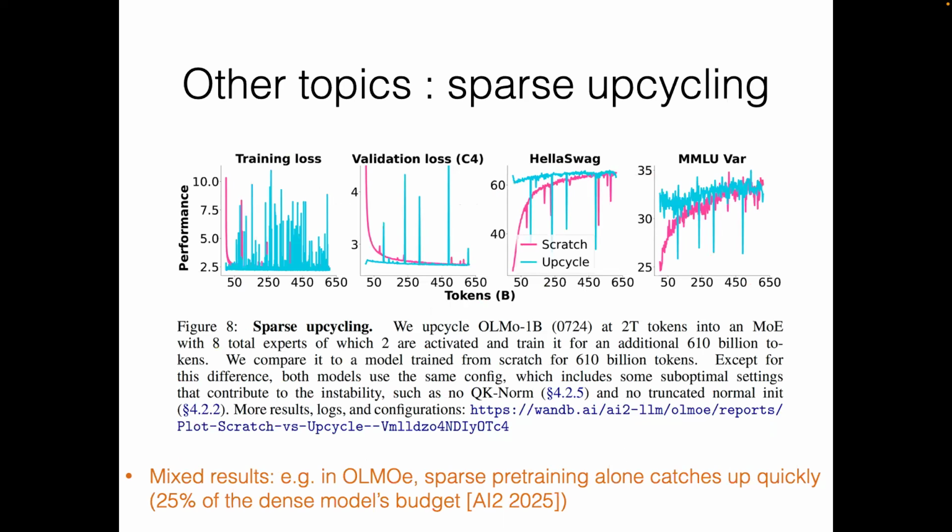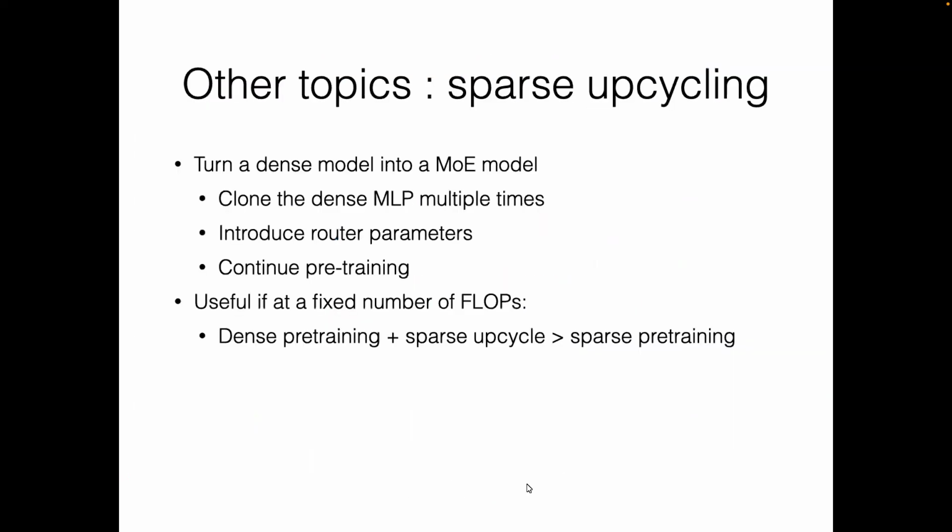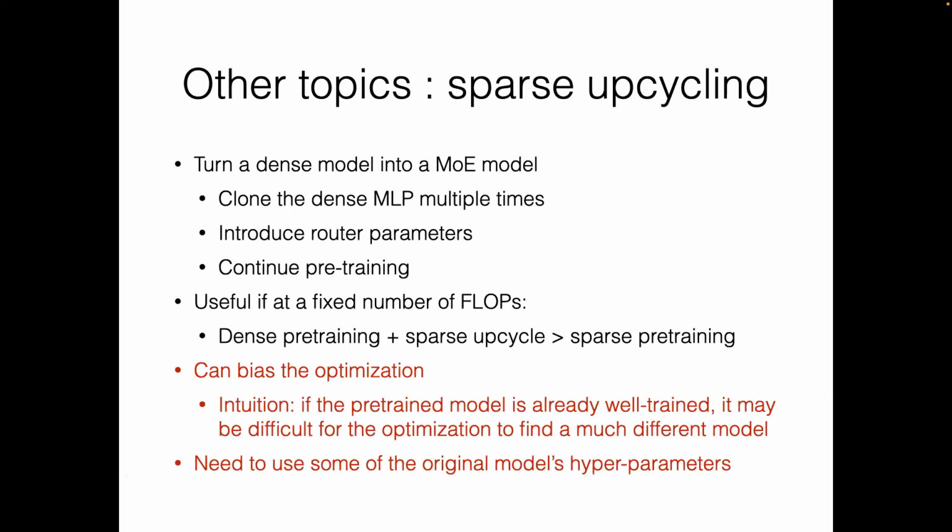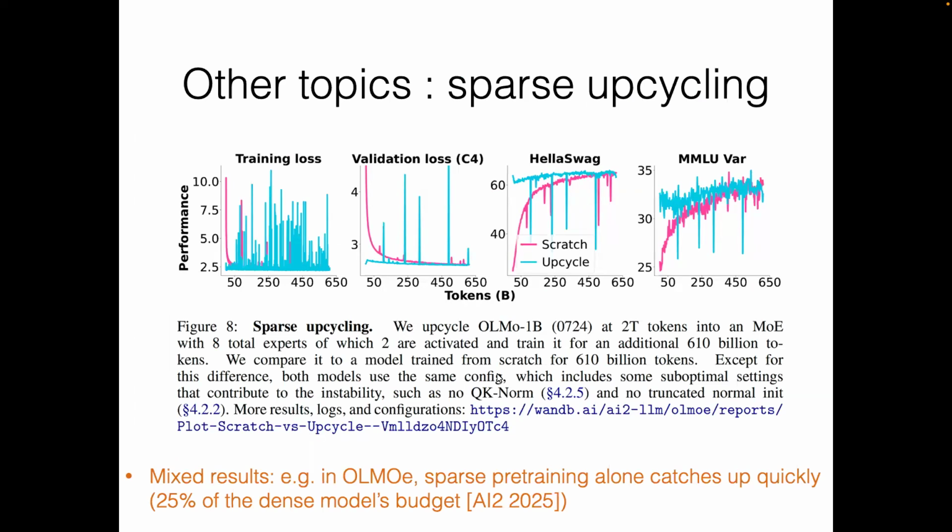In particular, using just 25% of the dense model's pre-training budget, they could basically catch up already. And so if you remember the thing that I was showing you before, this didn't hold in their case. At least in their setting, it's better to just pre-train from scratch if you have the compute to do it.